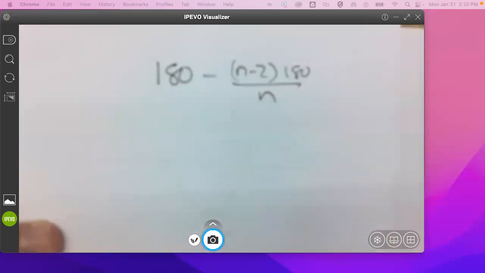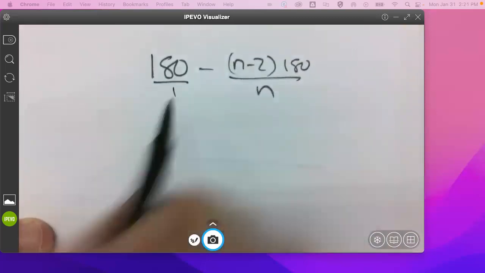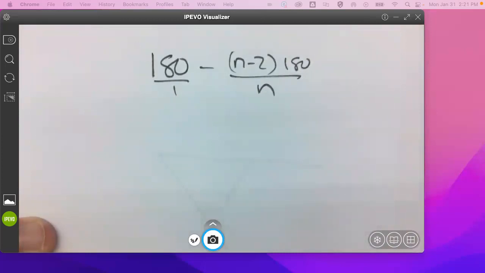So can we make them both fractions? Now, what do you do with fractions? How do you add or subtract fractions? Good, make the denominator the same.